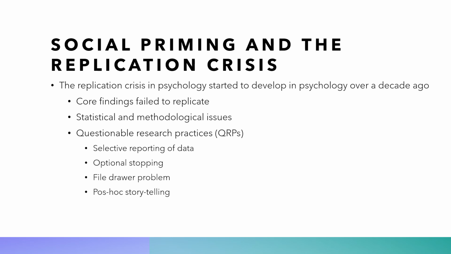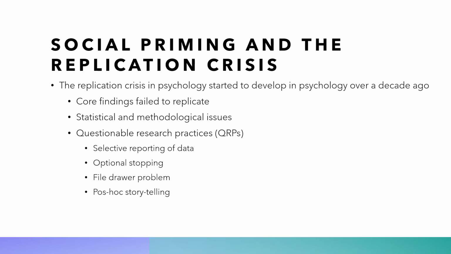So I wanted to go back to social priming and the replication crisis. I just referenced this a little bit ago in this lecture: some important priming studies, these studies that have primed some kind of feeling and noticed how it changed behavior, are failing to replicate. So when people try to run these studies again, they're not finding the same results.